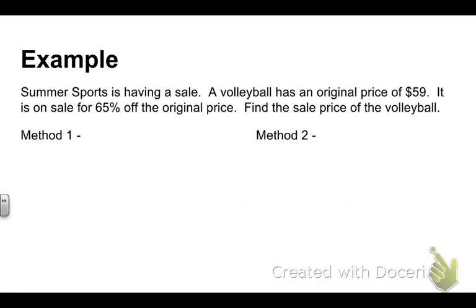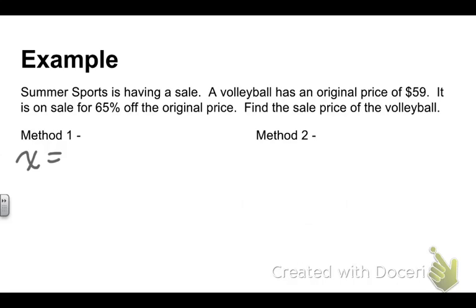Our example: Summer Sports is having a sale. A volleyball has an original price of $59. It's on sale for 65% off the original price. So more than half is going to come off. It's a big sale. Find the sale price of the volleyball. Method one says find the discount dollar amount first.